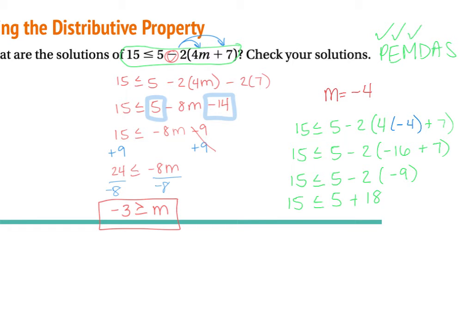So now we're done with multiplication. I don't see division. I do see addition, so we're going to take care of that. So it's going to be 15 is less than or equal to 5 plus 18, which is 23. Is 15 less than or equal to 23? Absolutely. So we just checked our work.